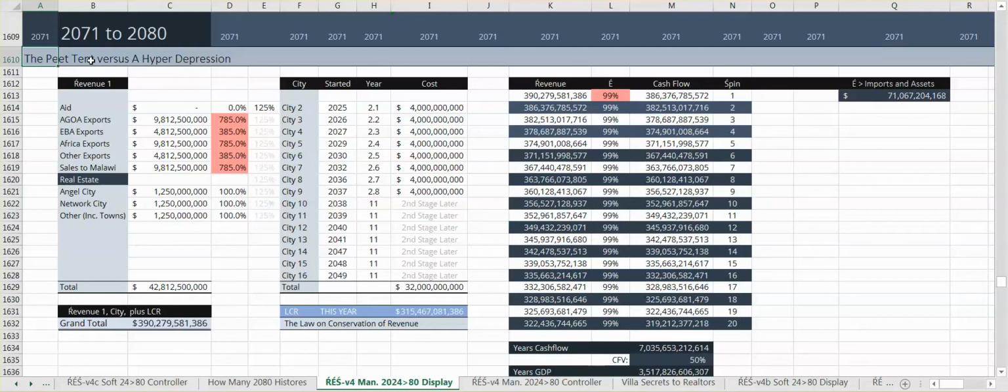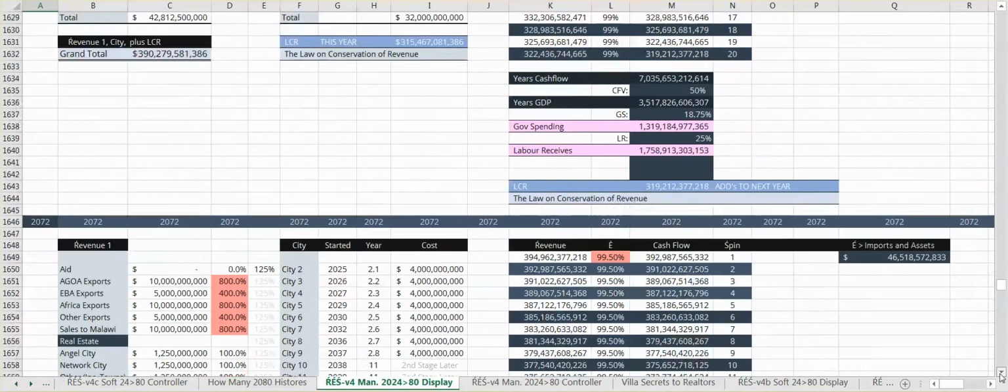I'm just going to show that in the last 10 years I increase E and spin until a slowdown is predicted in 2073, whereafter I increase them some more, E to 99.9 and spin to 32, and then we're going to see 2 different versions of 2076. So let's just get down to 2076.